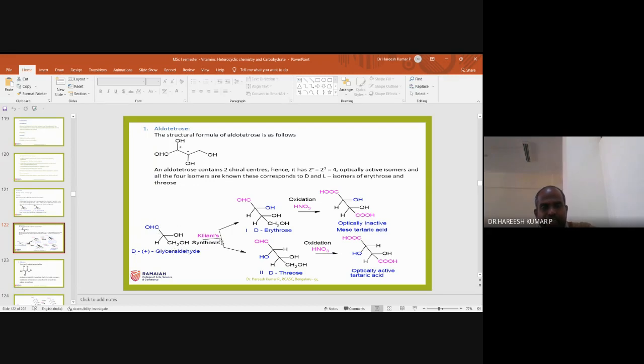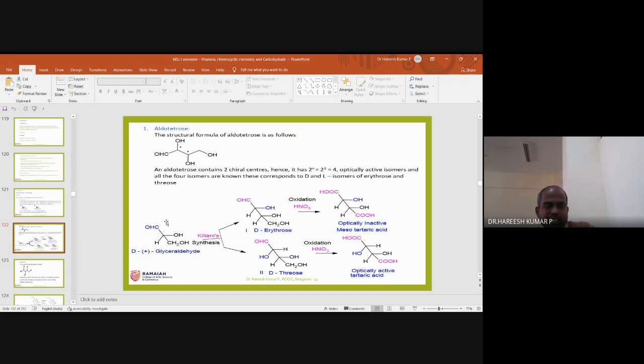So what is Kiliani synthesis? Kiliani synthesis is nothing but a reaction of an aldehyde with hydrogen cyanide. It undergoes an addition reaction. It means that HCN will add to the aldehyde.